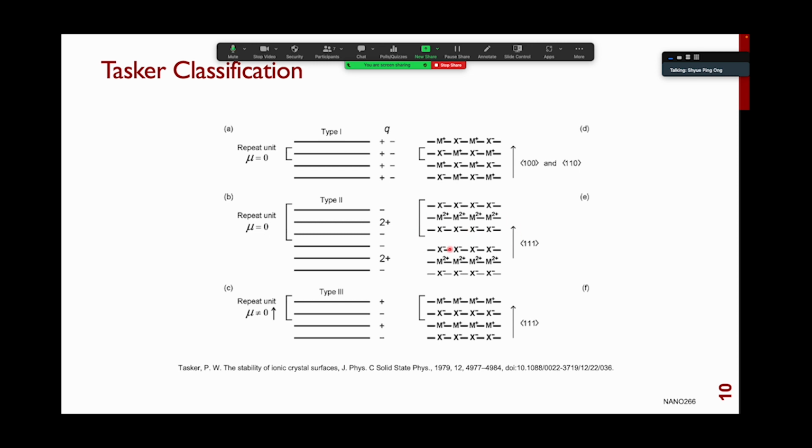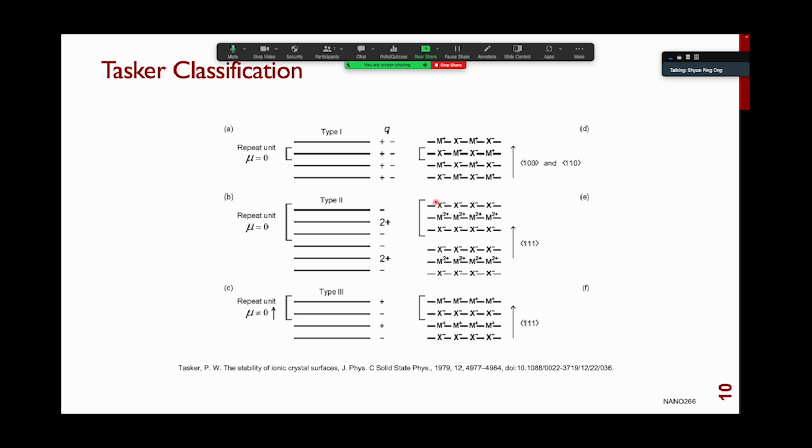Now, these are what I call type 2 surfaces, okay? So type 2 surfaces, first of all, are definitely not charge neutral on the surface. So quite obviously, if you look at this, you basically have an X minus at the top surface, right? And an X minus at the bottom surface. There's no compensating positive charge, right? However, the overall cell is still charge neutral and there is no polarization, right?